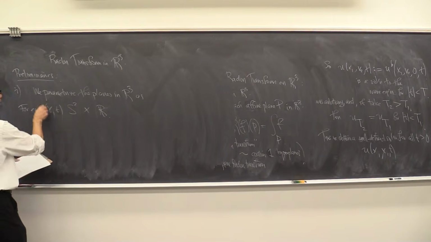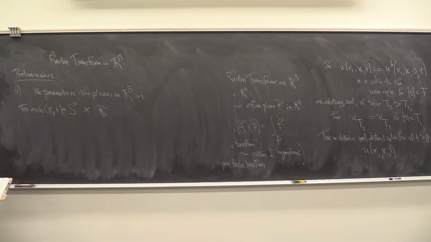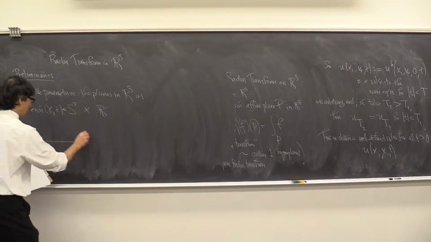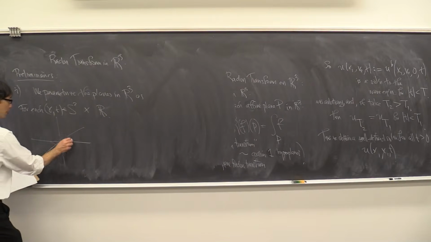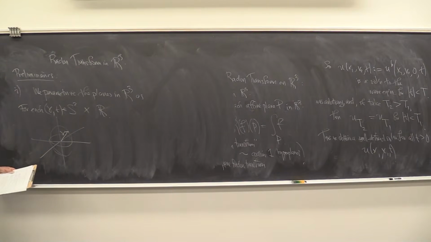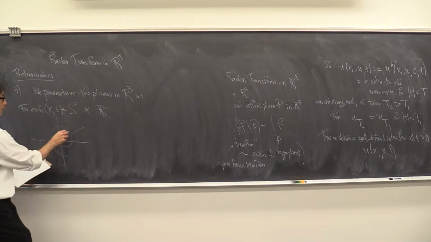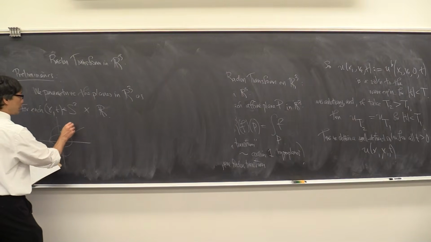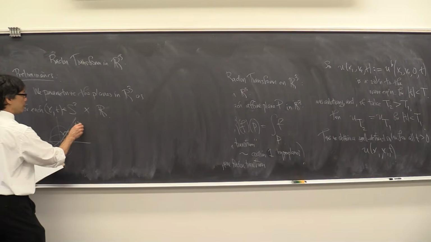For each gamma comma t in S2 cross R, you have some gamma, some direction in R3, and you have some number t. What you do is you take gamma and you scale it to t times gamma.